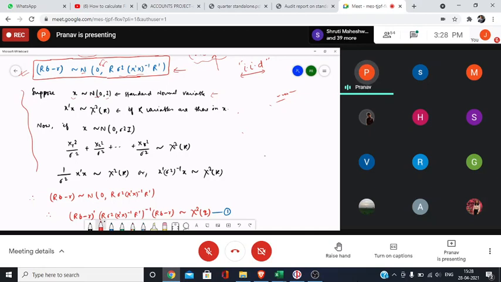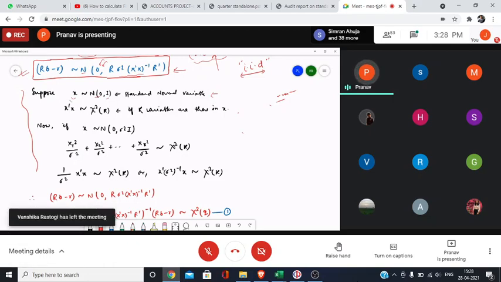By the relation of the z variable and chi-square, if I take all these k variables, square them and sum them up, the resultant statistic will follow a chi-square distribution.